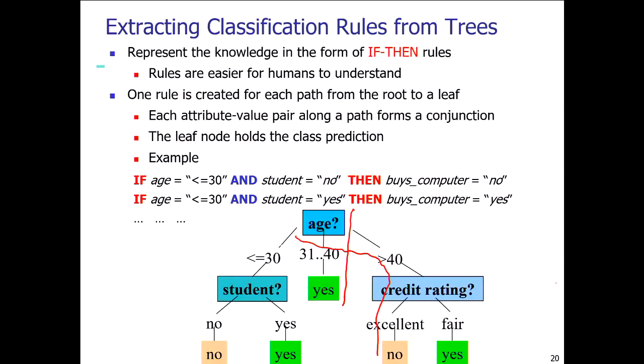Then, if we look back here, yeah, here is fine. Although no one has asked, do you ever wonder why you split age into 3 partitions, but not 2? I mean, you can split it into 2, right? One is smaller or equal to 30, let's say.